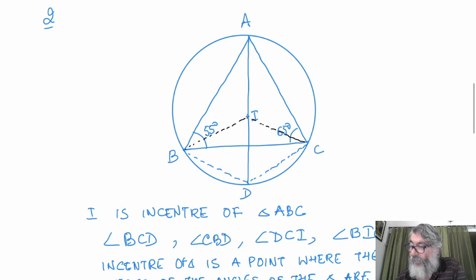So this total angle is 60. That means this is 30 and this is 30. Is that clear?